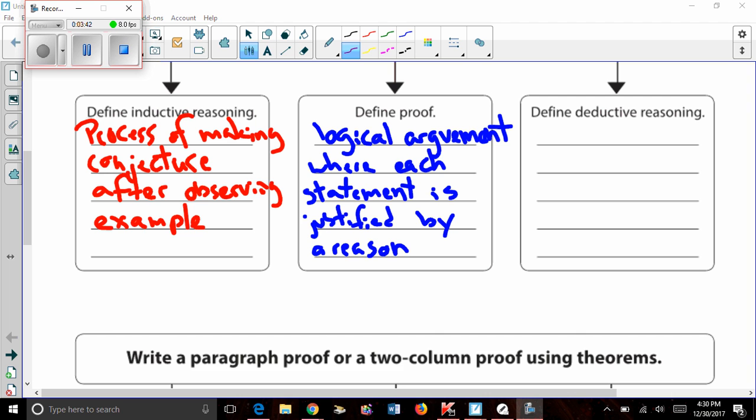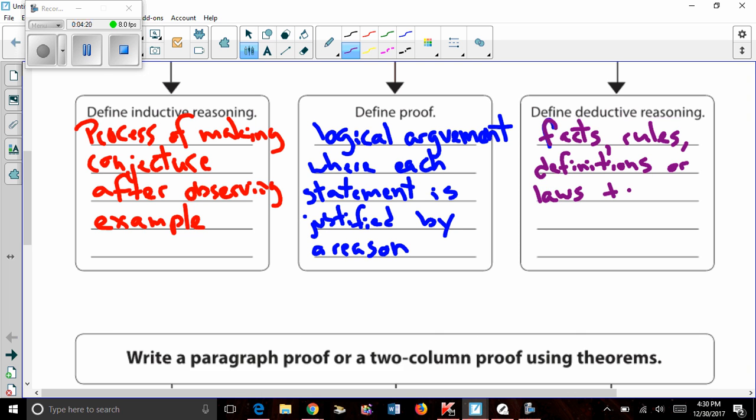Deductive reasoning is a bit stronger, and deductive reasoning uses facts, rules, definitions, or laws to make conjecture or draw conclusions.